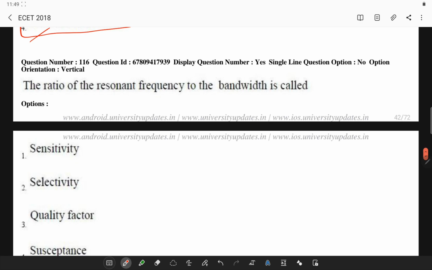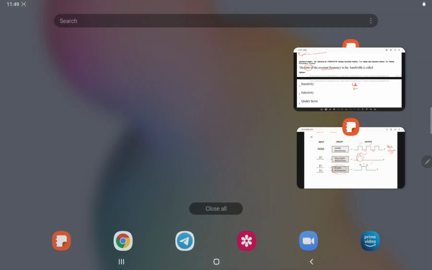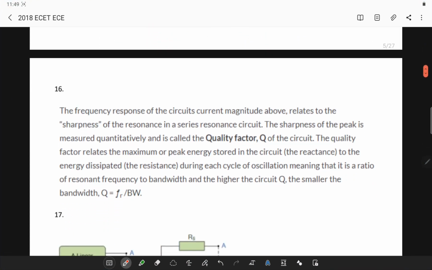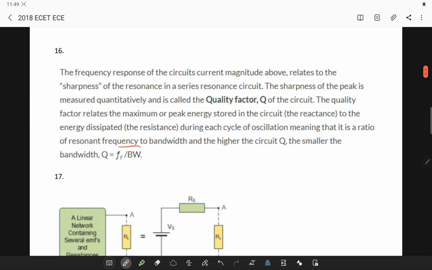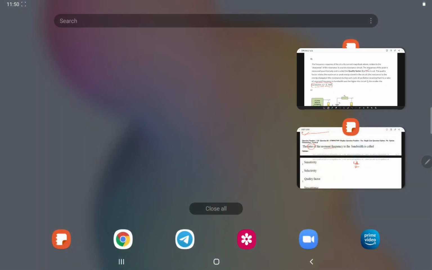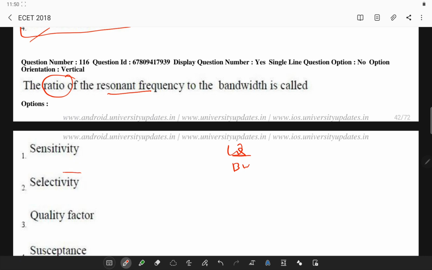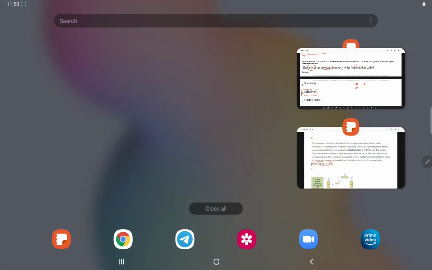Next, what is the ratio of resonant frequency to bandwidth? This is a relationship between quality factor Q and bandwidth. If you see the question, selectivity is the ratio of resonant frequency to bandwidth.